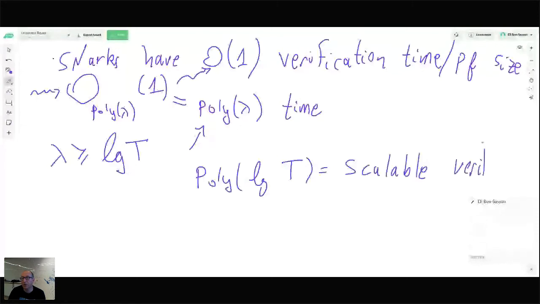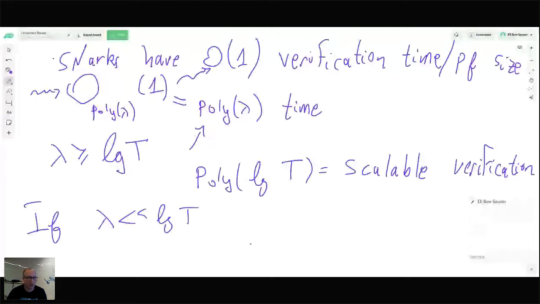Now, more to the point, you could also ask, why must it be at least logarithmic in the proving time? So here's sort of an argument. If lambda, the security parameter, is actually much less than the logarithm of the proving time, then the prover is assumed to have running time at least t. So the prover in time t can basically go over all possible proofs that would still take less than t time.